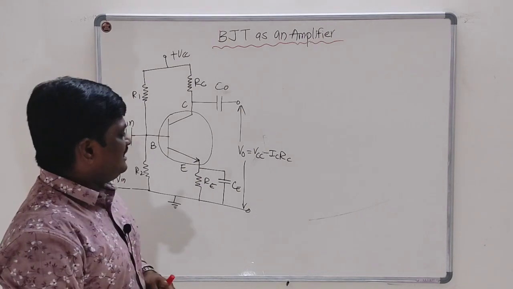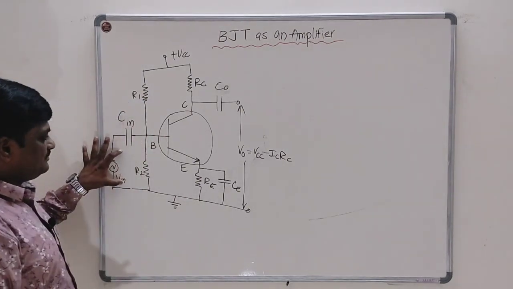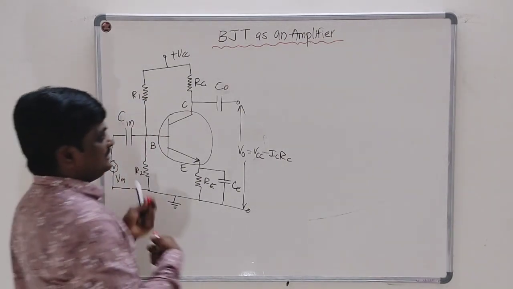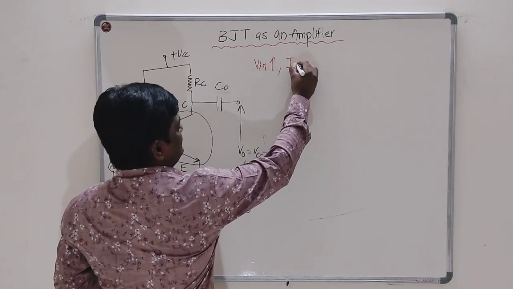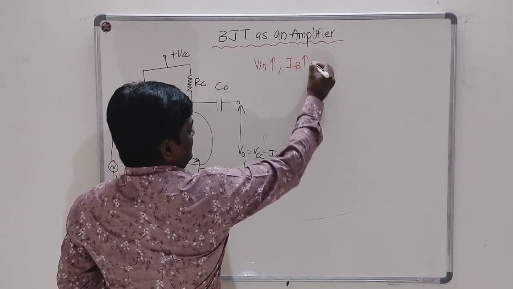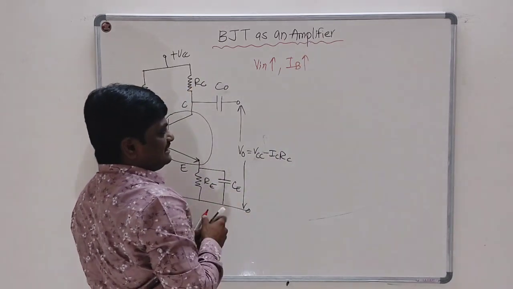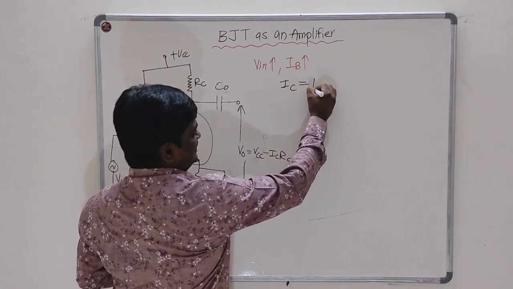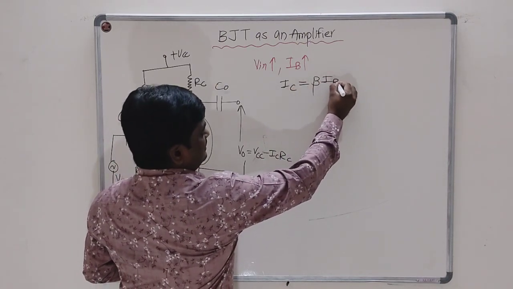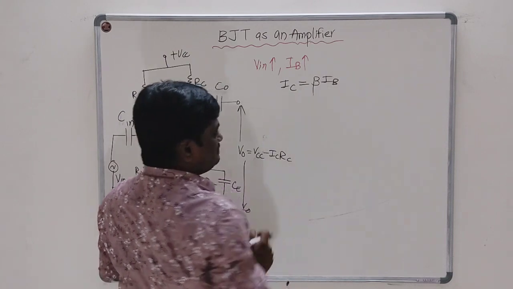So here, say the input is increased, what will happen? There will be an increase in base current, and we know that in this common emitter transistor, the collector current is beta times IB, that is, the output current is beta times IB.